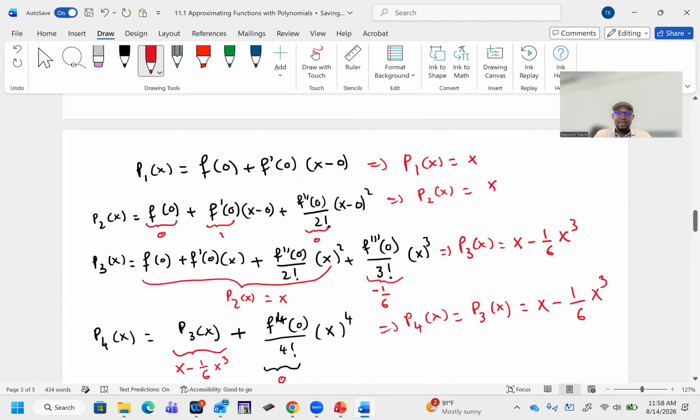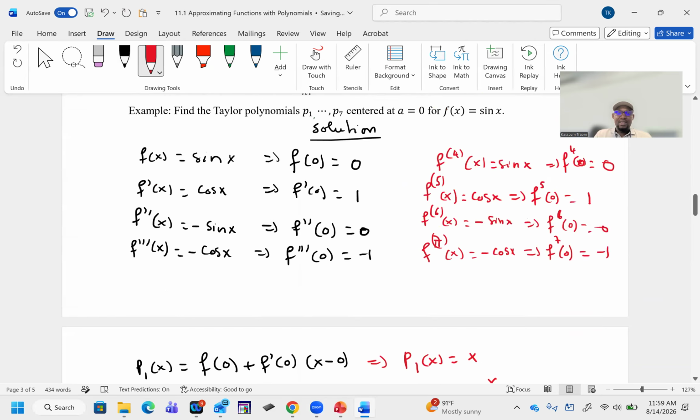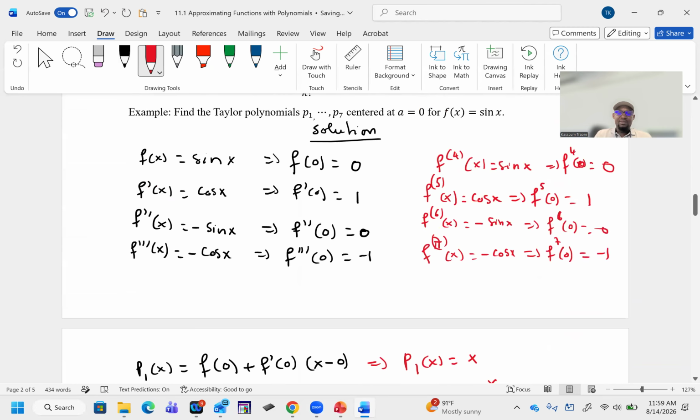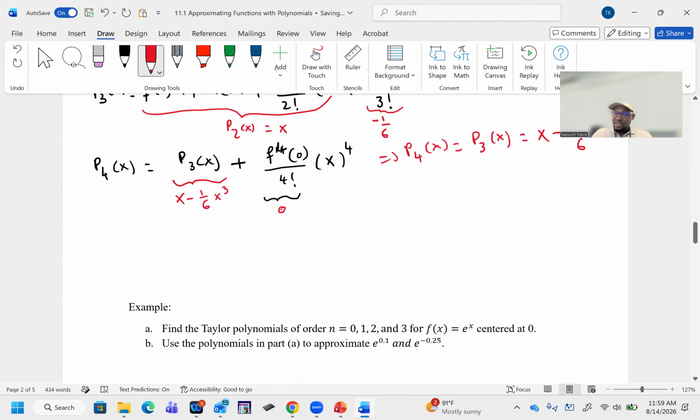So you see, same thing after the fourth, so we'll be having the same cycle. If I have to find p sub 5, we'll see some pattern in this case.